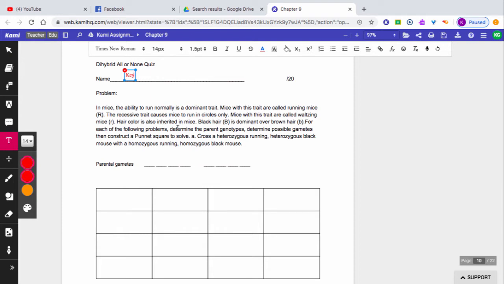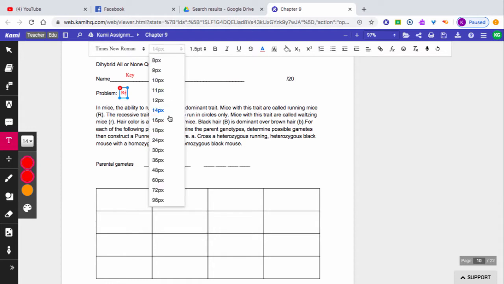Okay, this one we're crossing a heterozygous running. So I'm not going to put anything here yet by the gametes. I have to figure out what the genotypes of the parents are. So I'm going to put that up here since I have a little bit of white space. And that's going to be a heterozygous running. Let me make this bigger so we can all see it.